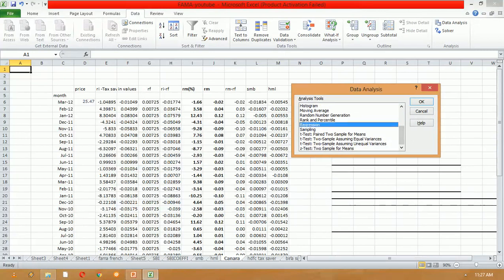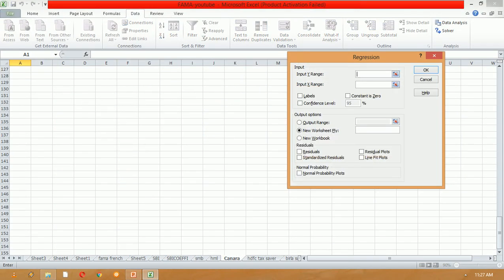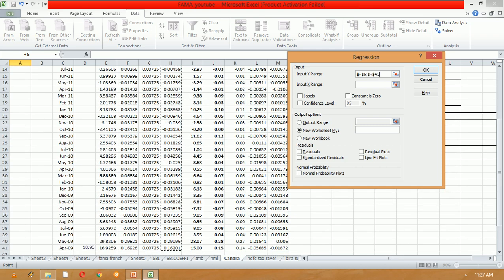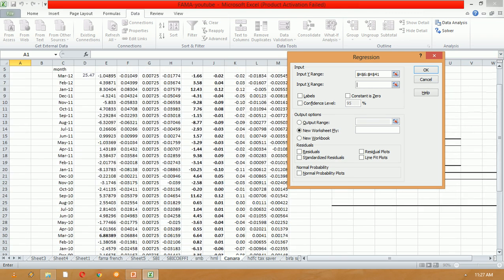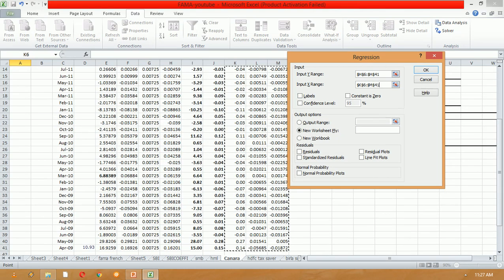For this we need to calculate the coefficients of all these elements. So choose Regression, click OK. It is asking for the input range, Y and X. We have to regress Rm minus Rf, SMB and HML against Ri minus Rf. So the input Y range is Ri minus Rf, and in the X range you choose all the three elements, that is Rm minus Rf, SMB and HML.